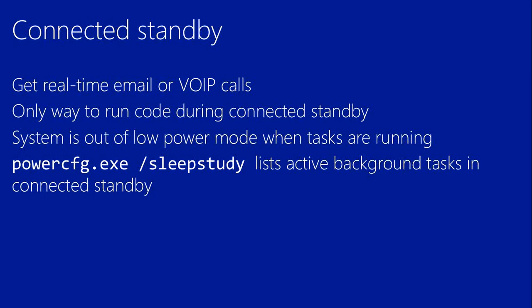If you want to understand what background tasks are running, what is the list of active background tasks in connected standby mode, there's a utility in System32, powercfg.exe /sleepstudy. You can go there and check out the list of active background tasks in connected standby mode.